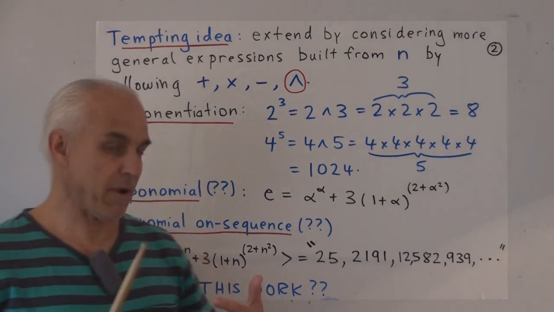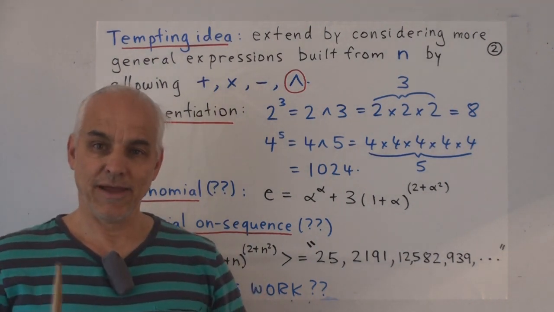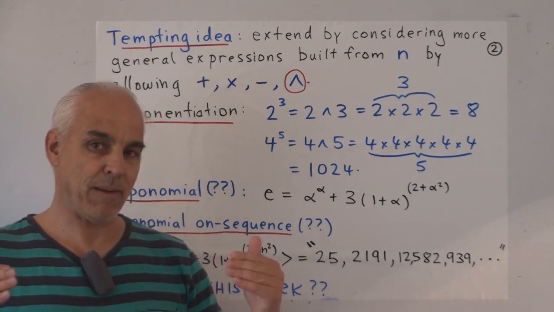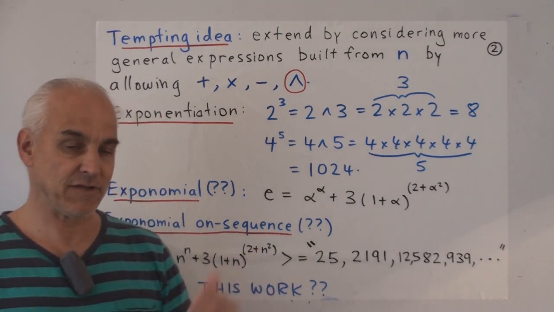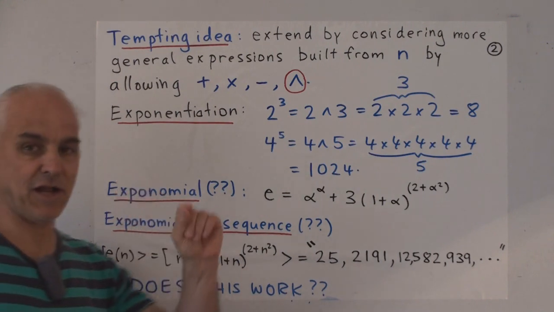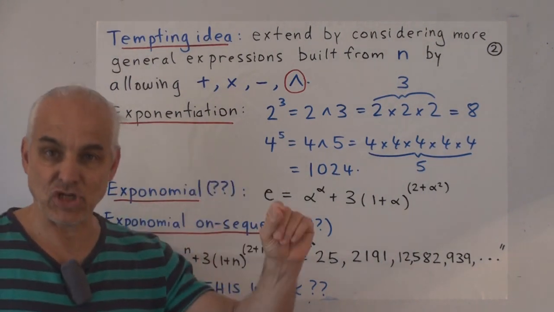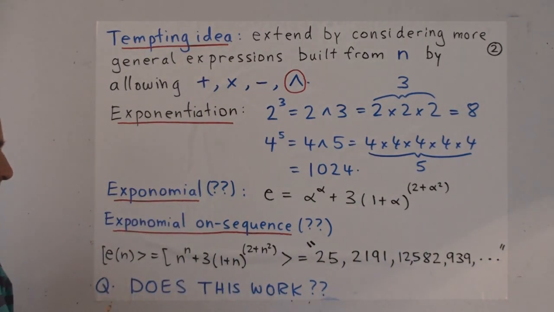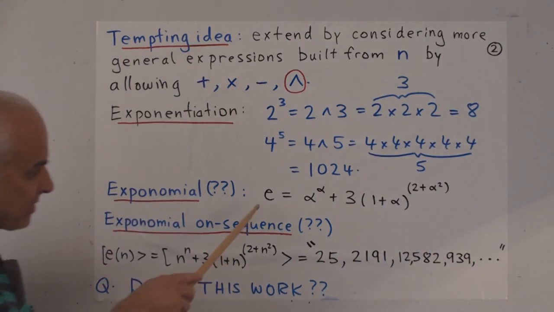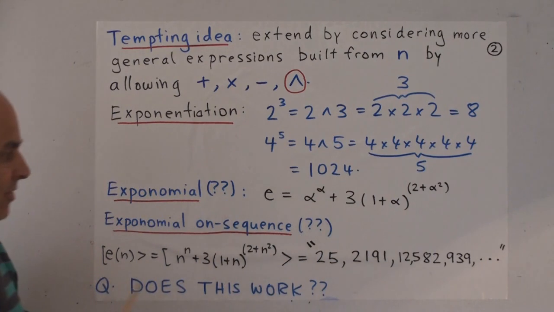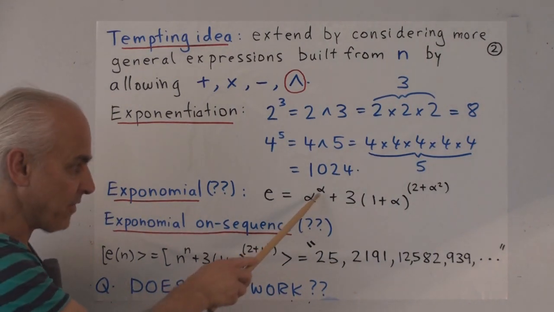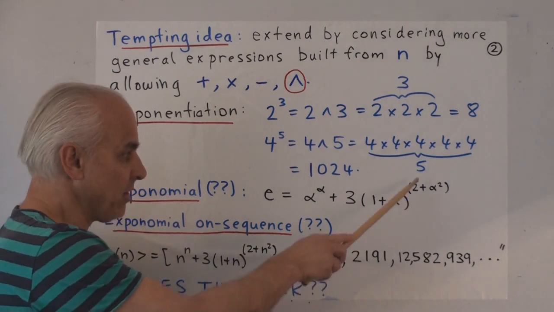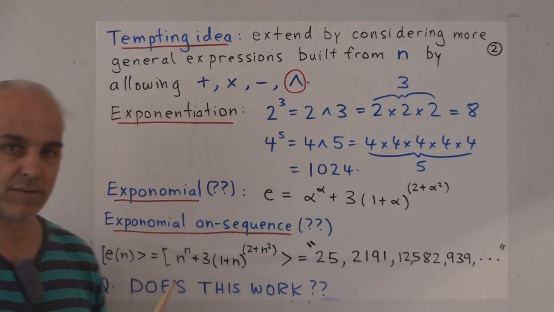All right, so what we're going to think about doing perhaps is to enlarge our expressions, to move from polynumbers to some more complicated kinds of expressions where we allow ourselves to use exponentiation as well as addition, multiplication, and subtraction. For example, we might consider expressions like this, where we have alpha to the alpha plus 3, times 1 plus alpha to the 2 plus alpha squared.